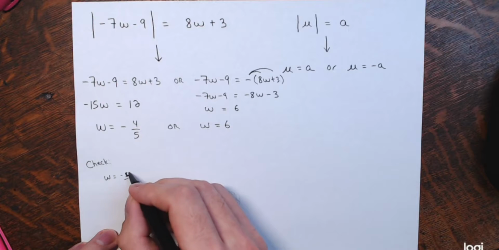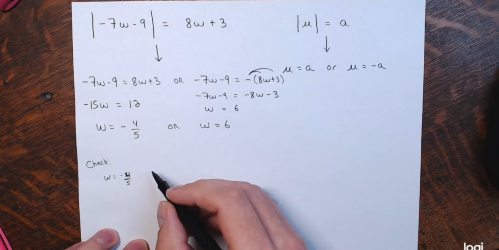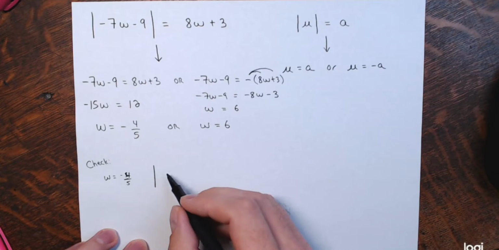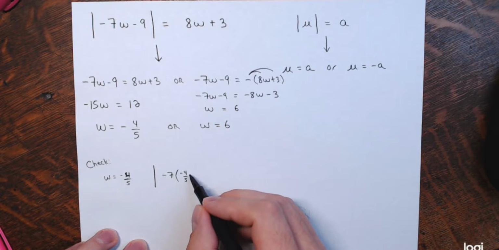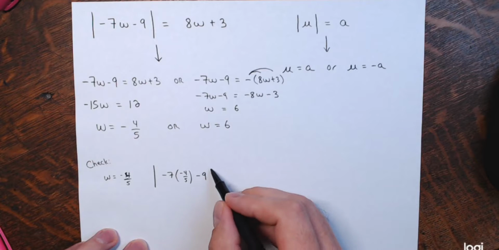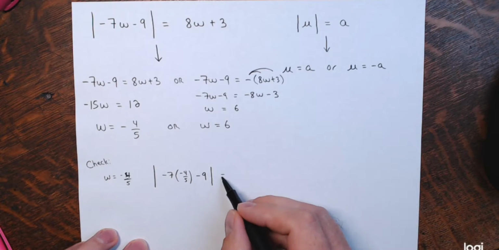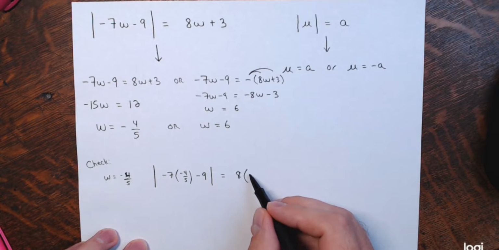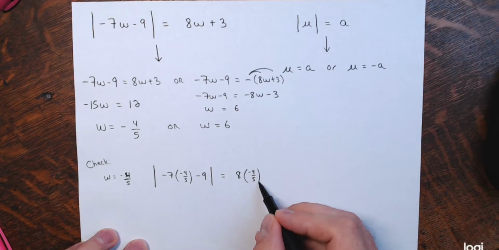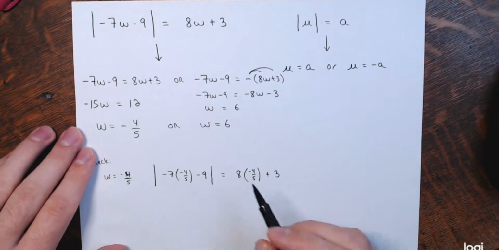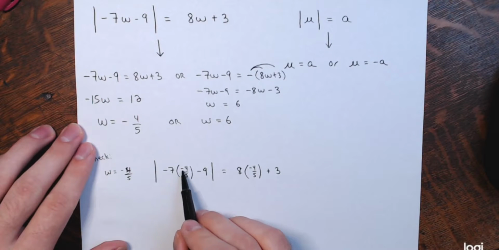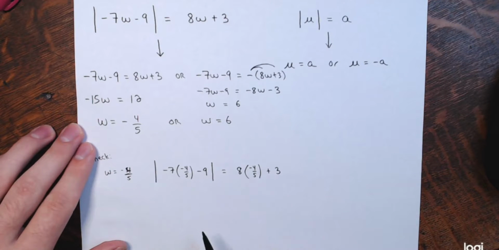So first, negative 4/5. We have the absolute value of negative 7 times negative 4/5 minus 9 on the left, equals 8 times negative 4/5 plus 3 on the right. The left side, you'd have positive 28/5 minus 45/5.